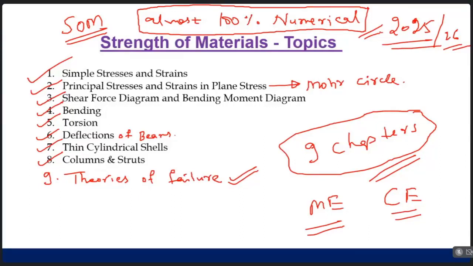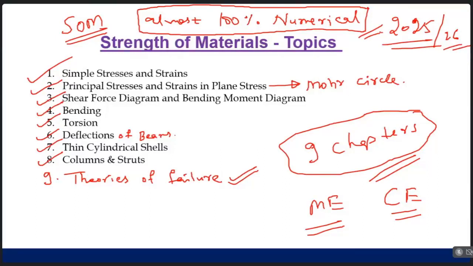No need to remember the derivation, but you should get the idea of how the formula is framed, what the basic concept and logic behind it is, so that whenever any difficult numerical from this subject comes in the GATE examination, you can handle it very easily.